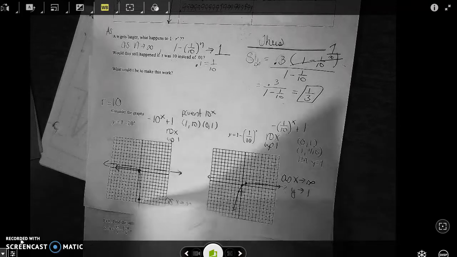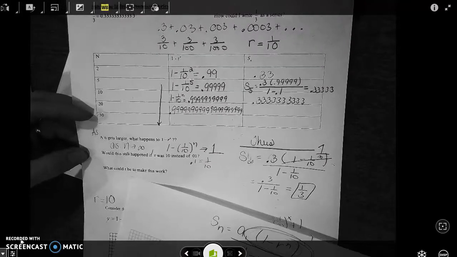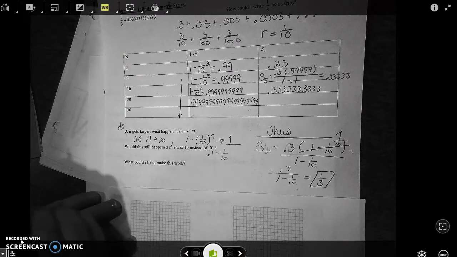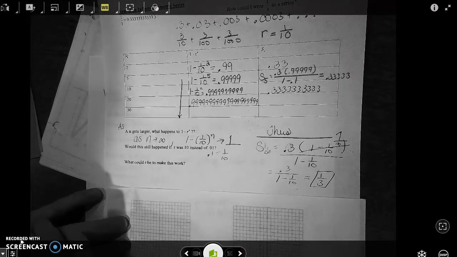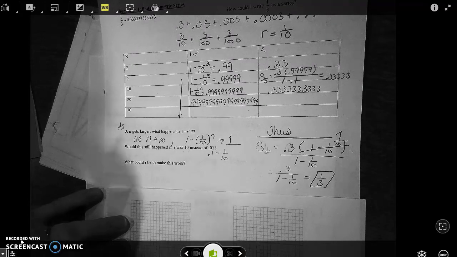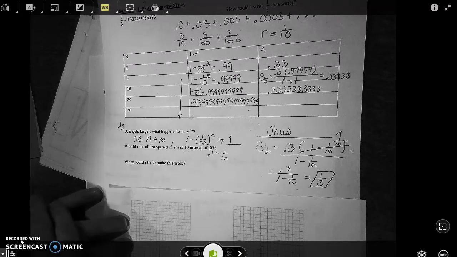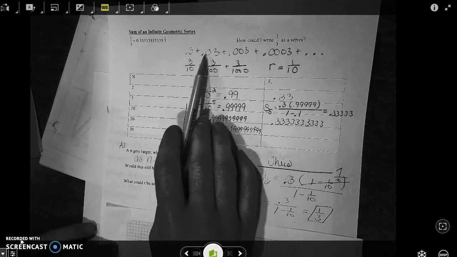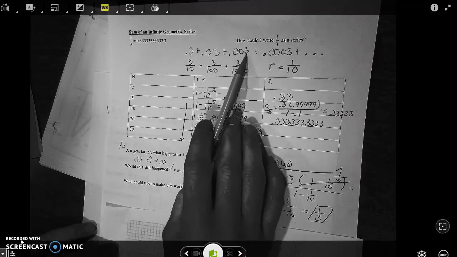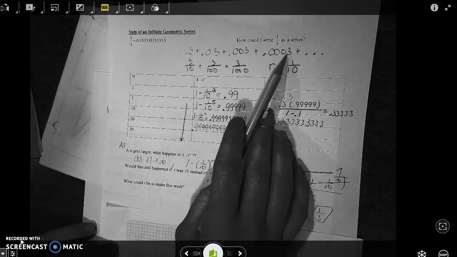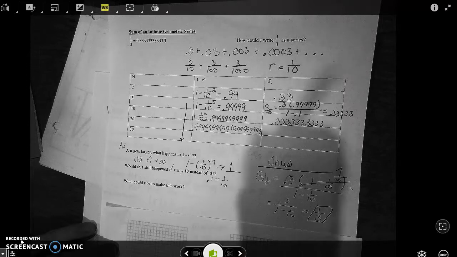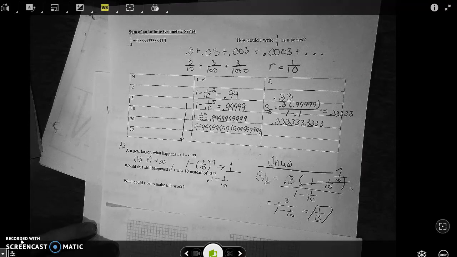So then what r values would make that happen? What r values would cause this pattern to occur? Well, it's going to be r values that make your terms get closer to 0. So the terms themselves, like 0.3 plus 0.03 plus 0.003 plus 0.0003 and so on, the terms themselves are going to get closer and closer to 0.